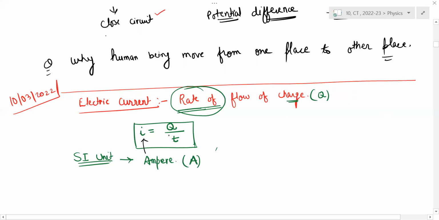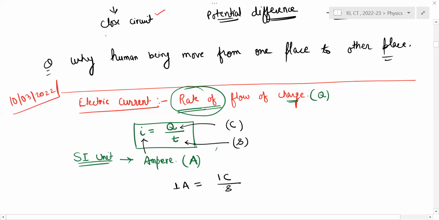For charge, the SI unit is C, coulomb. For time, it's seconds, denoted by small s. So the relation between ampere, coulomb and second is: 1 ampere equals 1 coulomb per second.